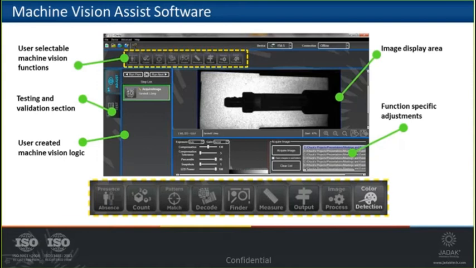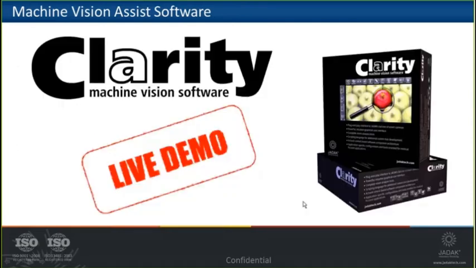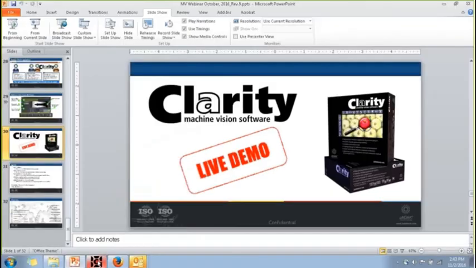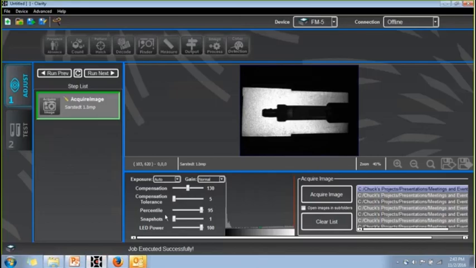We can do some image processing, where we're transforming the image somehow to do some other measurements. Color detection, as I've mentioned several times. And then the last function, which I'm actually going to demonstrate, is output. Once you've got your machine vision application set up, how are you going to communicate those results to the host? And with that said, I'm going to jump over here to our Clarity application itself.